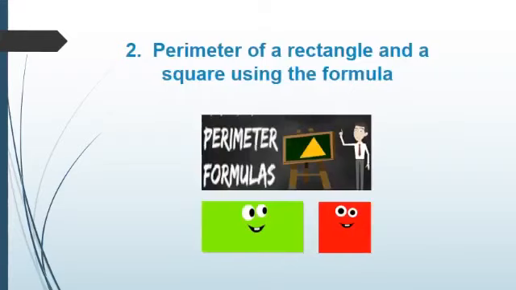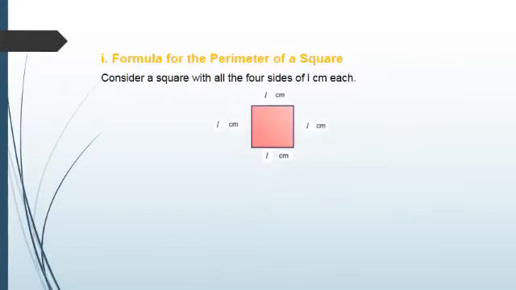The next method to find the perimeter of a rectangle and a square is using a formula. Now let's derive the formula for the perimeter of a square. For this, we consider a square with all 4 sides of L centimeters each.